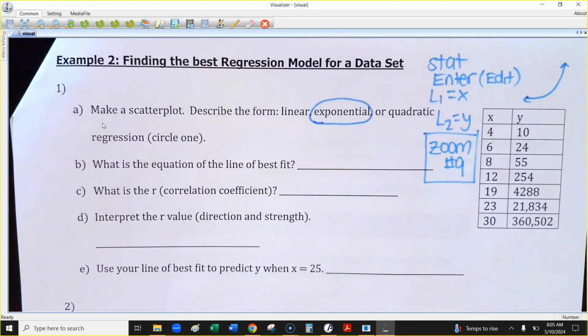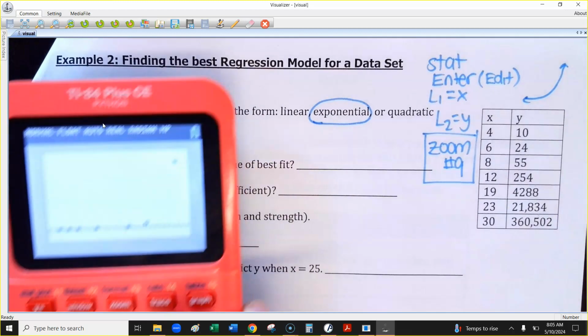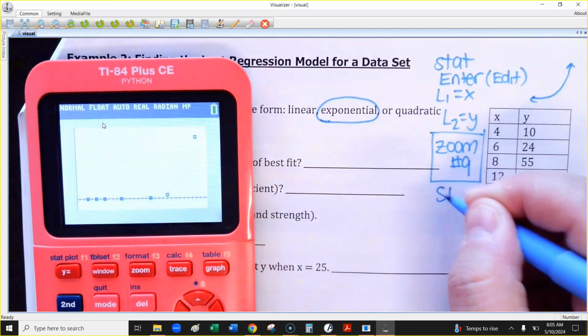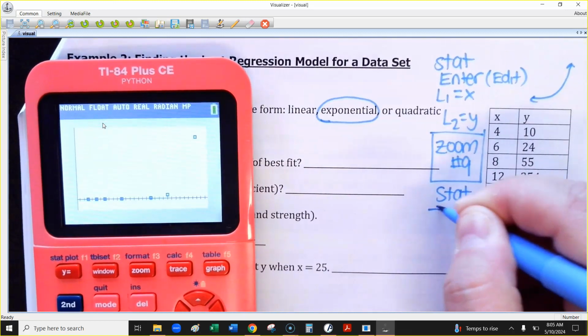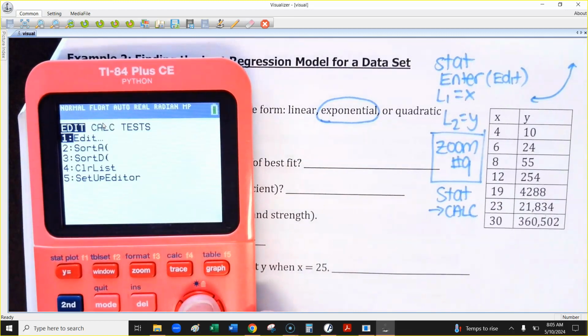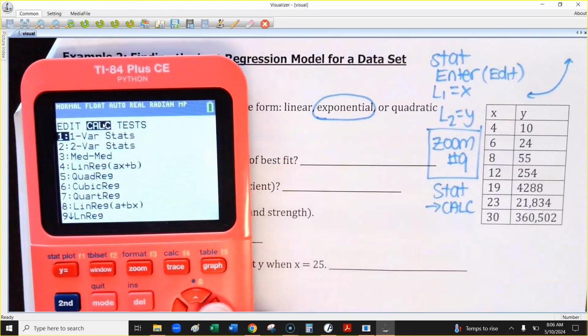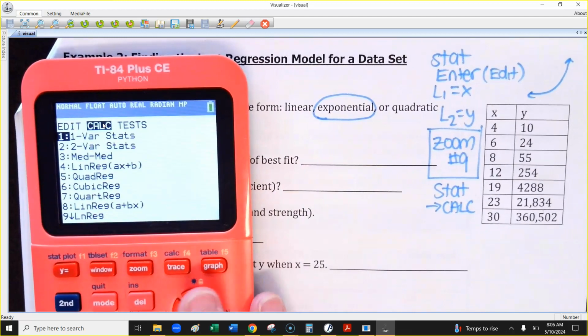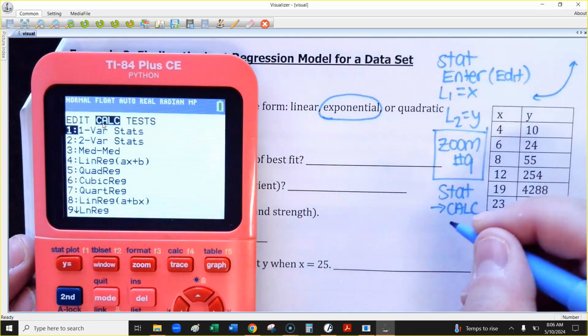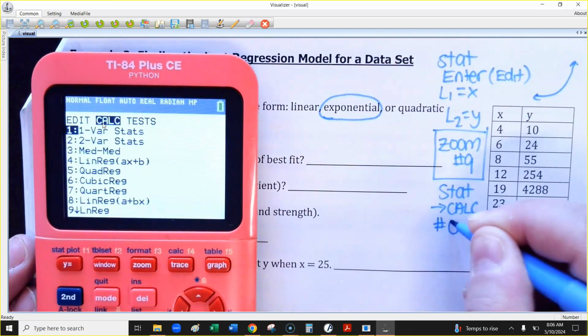Now, to get this, we're going to do the exact same thing we just did. So after you pick your thing, you're going to hit Stat, arrow over to the Calc menu. Now, the only difference here, we don't want the line. We want the exponential. And you can, probably, maybe, it depends on your calculator. The exponential is actually right underneath number 9 here.